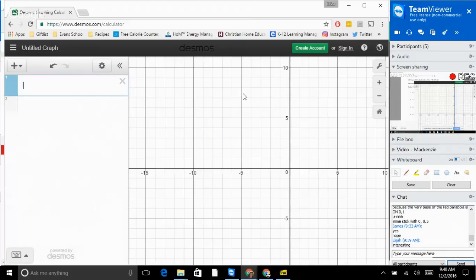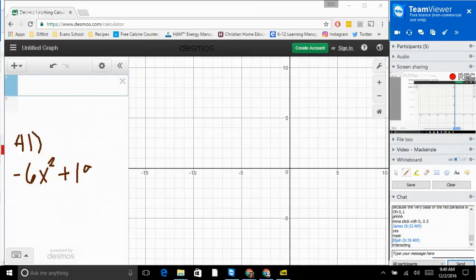So we're only worried about the x value, what makes both of them true. Number 41 from your book is -6x squared plus 19x is greater than or equal to 10.